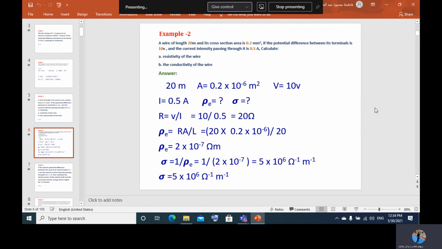So the unit also is the reciprocal of the unit of resistivity, which is ohm^-1 meter^-1. So after all of this, the final result is conductivity is 5 times 10 to the power of 6 ohm^-1 meter^-1.